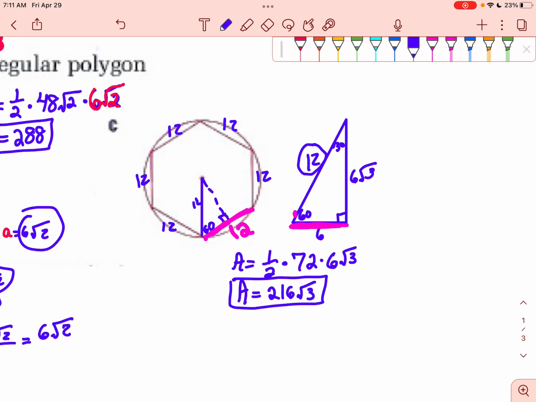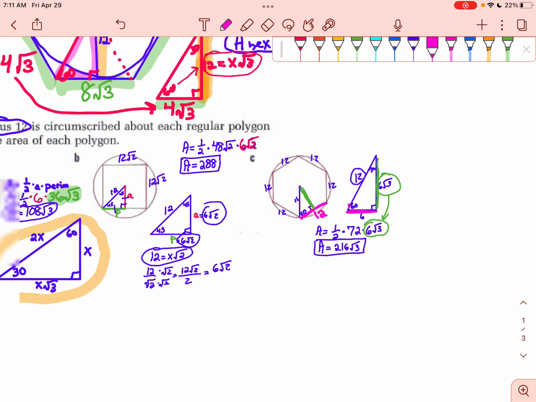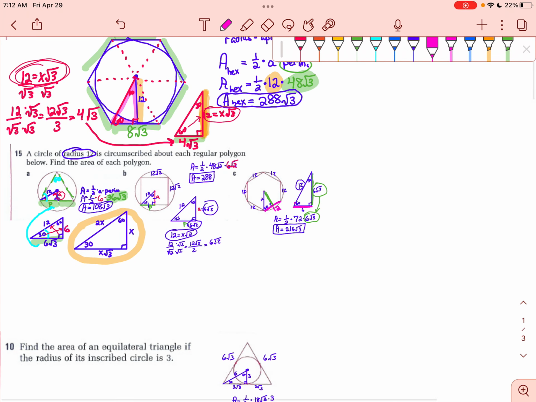So that means the perimeter of the shape is 72, and the apothem is this green height that I found right here, and that's where I did the 6 root 3 for the apothem. 1/2 perimeter times apothem. So that was essentially number 15.